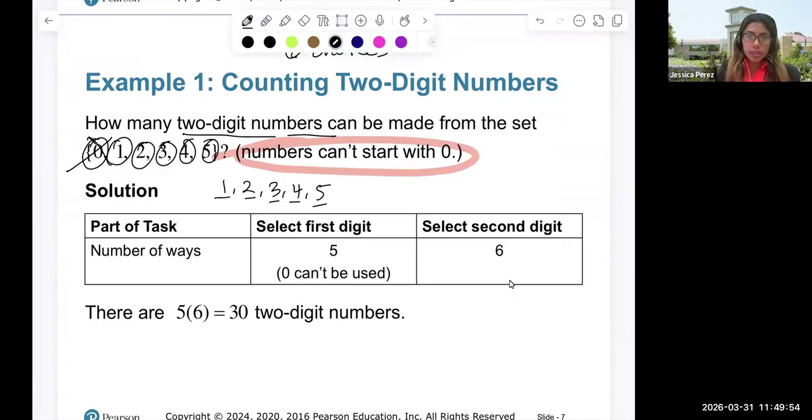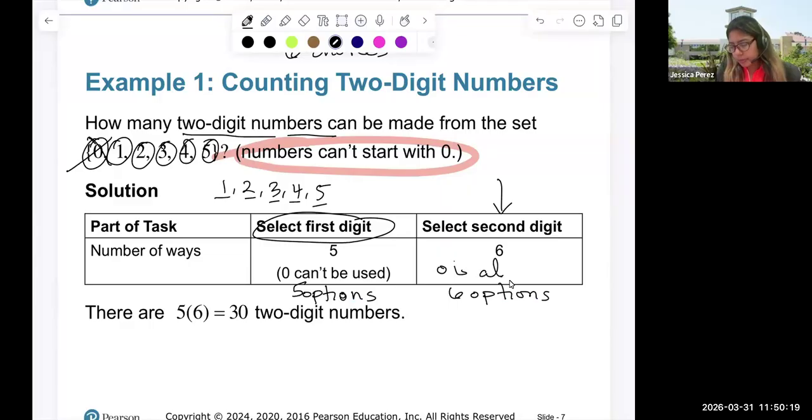So for the first digit, there are 5 ways you can select it, and for the second digit there are 6, because you're going to put back the 0. For the first digit you can't use 0, but for the second one 0 is allowed. So if 0 is allowed, you have 0, 1, 2, 3, 4, 5.